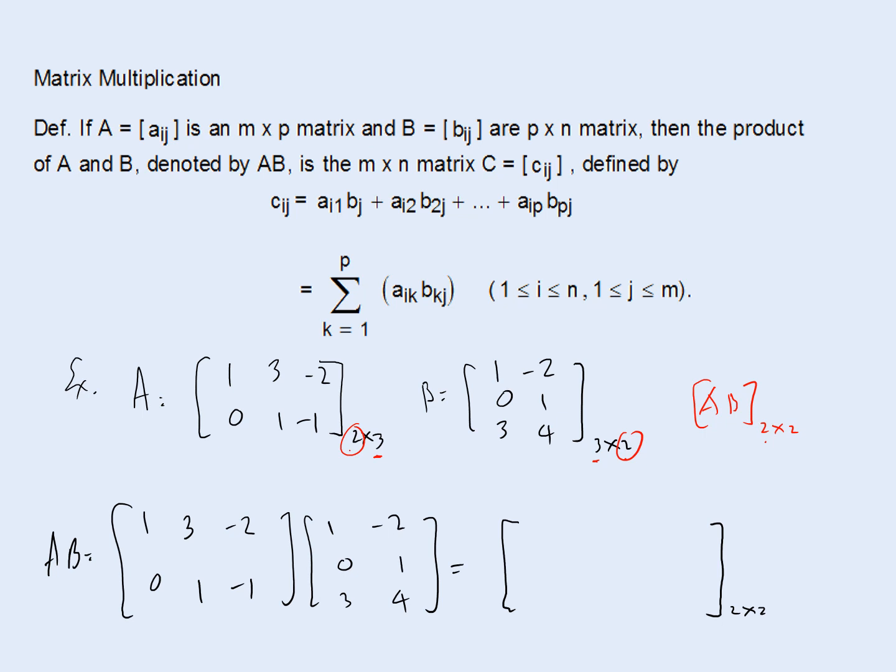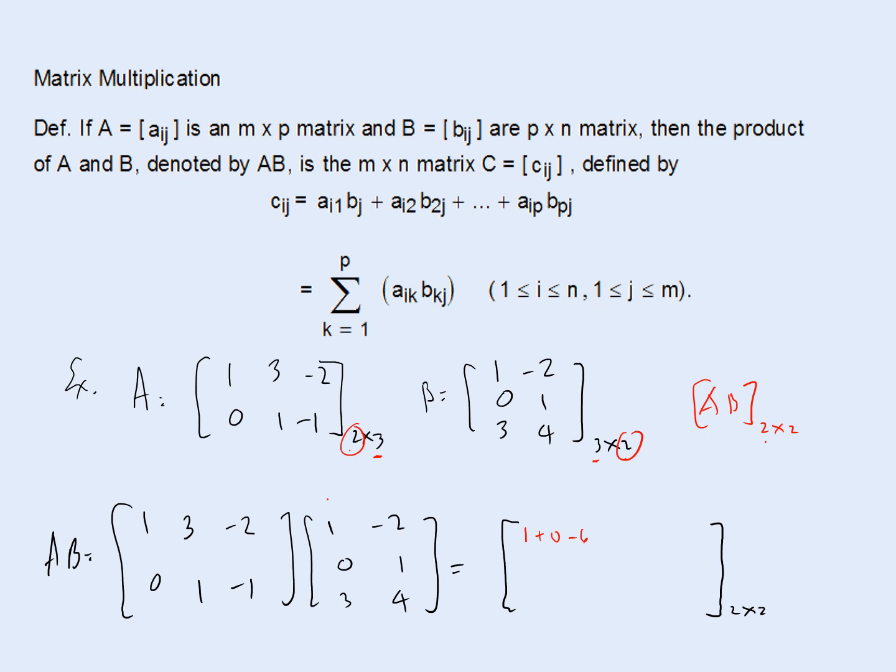The first row of A is multiplied to the first column of B. So 1, 3, negative 2 are multiplied correspondingly to 1, 0, and 3, and we get the sum. So that will be 1 times 1 is 1, 3 times 0 is 0, and negative 2 times 3 is negative 6. Then we go to the second column of B.